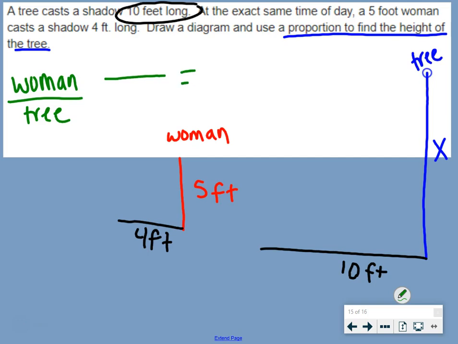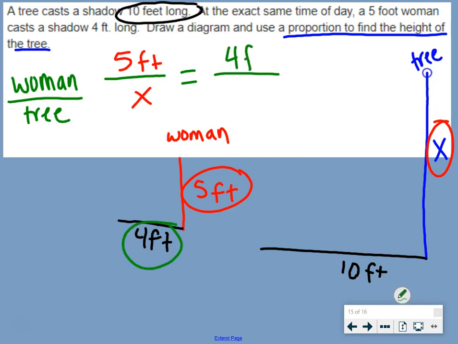Because remember, we need to set up a proportion. So one of the woman dimensions was 5 feet, so we can put 5 feet right here. The corresponding tree dimension would be x, so we would put x. On the other one, we have a woman dimension is 4 feet. And then on the same spot for the tree, that shadow is 10 feet.